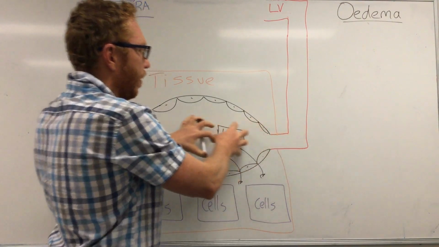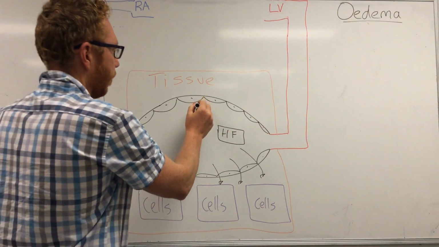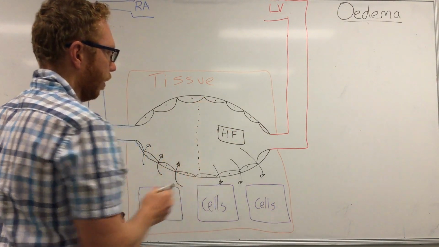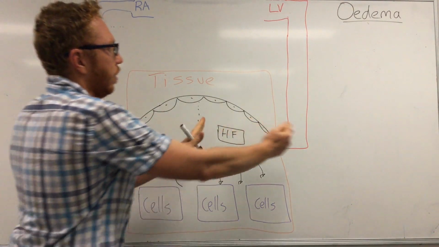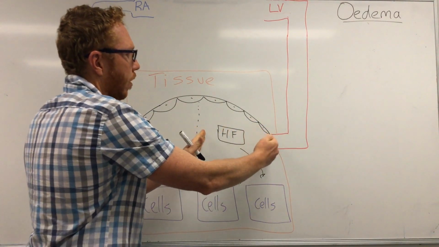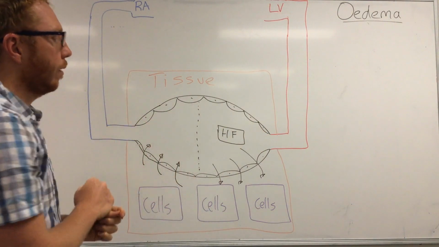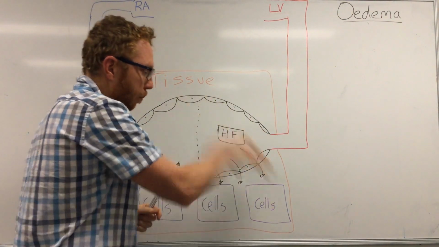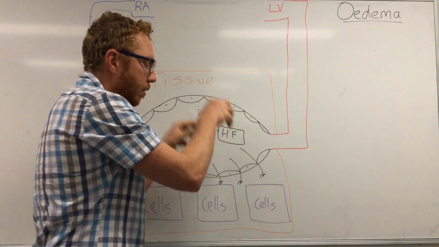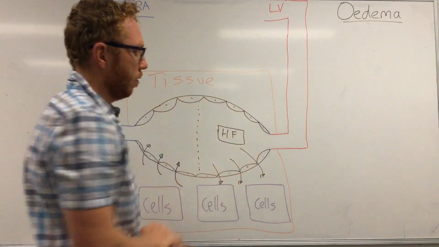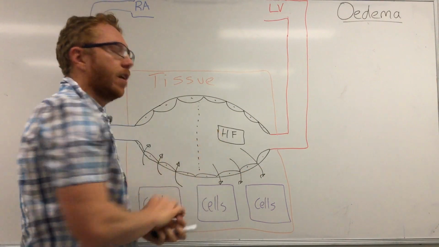Now remember, this is coming from the arterial end, so you're going through the capillary network. It's very simplified, but essentially you have the arterial side of the capillary and then the venous side of the capillary. The force that's pushing the blood plasma out into the tissue, on both sides, is the hydrostatic force.